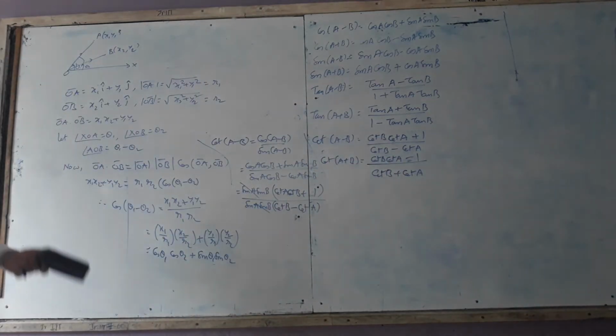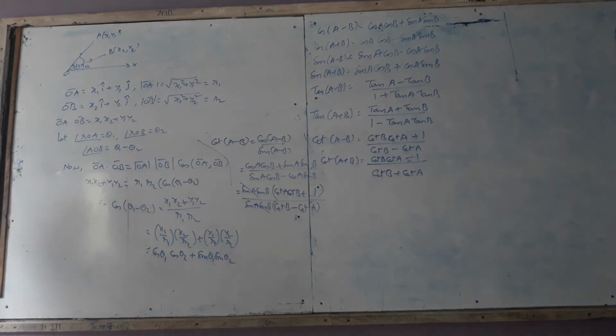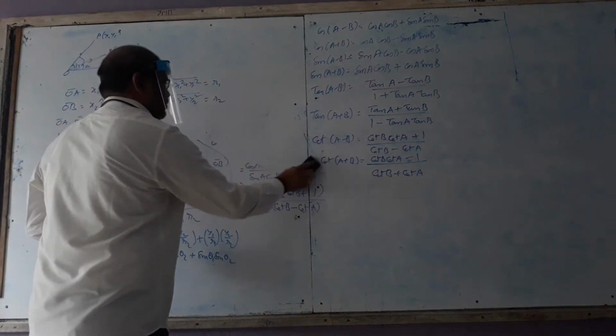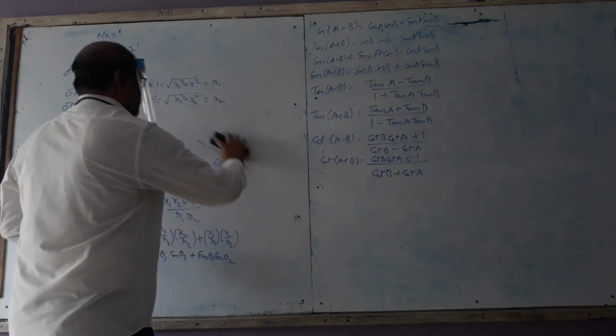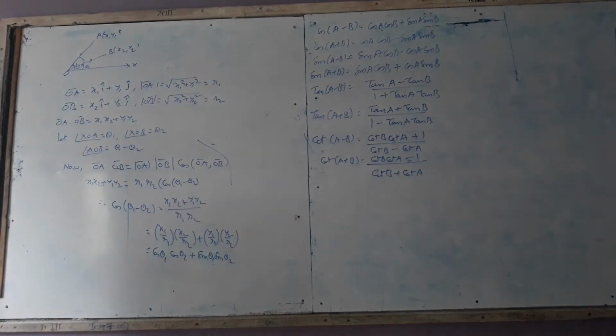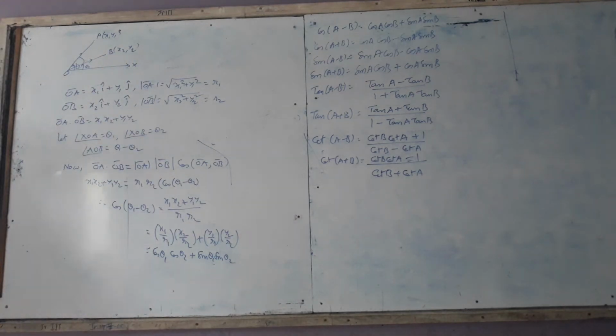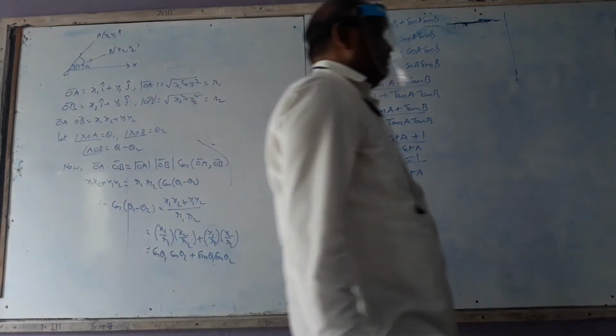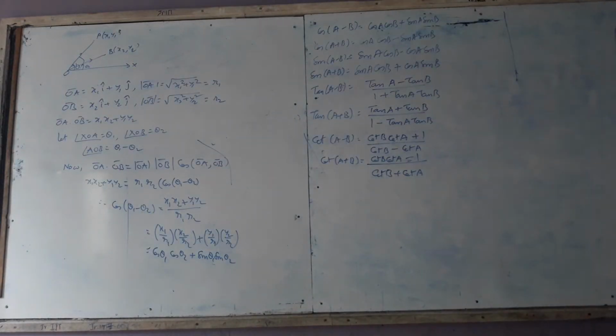Write down these formulas. 6 or 8? 8. Only the formulas. If you need the proof of cos A minus B, write it in rough, not the proof of every single one. Take it fast.